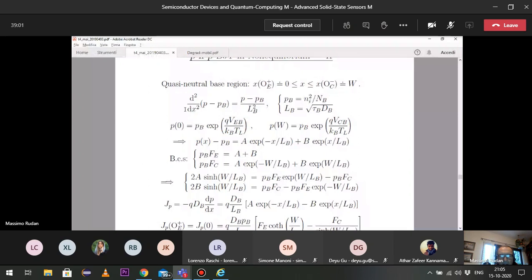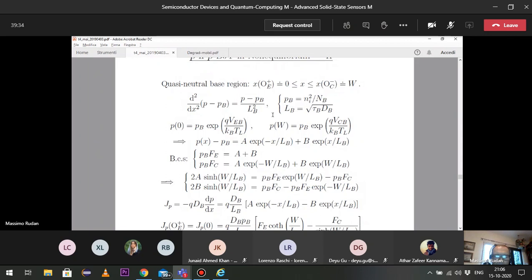Then the equation reads like this: second derivative of P minus PB. PB corresponds to Pn0 of the p-n junction, and it is calculated as Ni squared over Nb. And Lb is the diffusion length of the holes in the base region, okay?